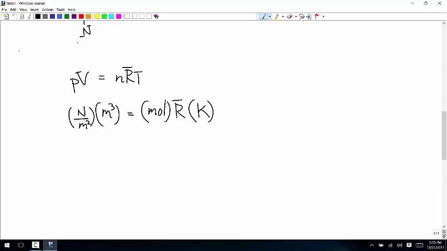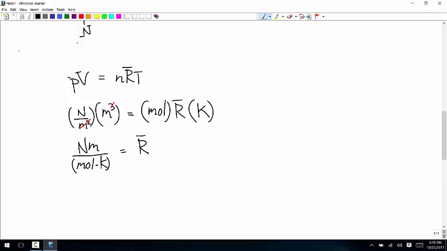Then divide these over the other side. Let's cancel some of these first. So those go away. You have 1 meter left on top. Divide these over, and you get that newton meters divided by moles times Kelvin are the units for the universal gas constant.